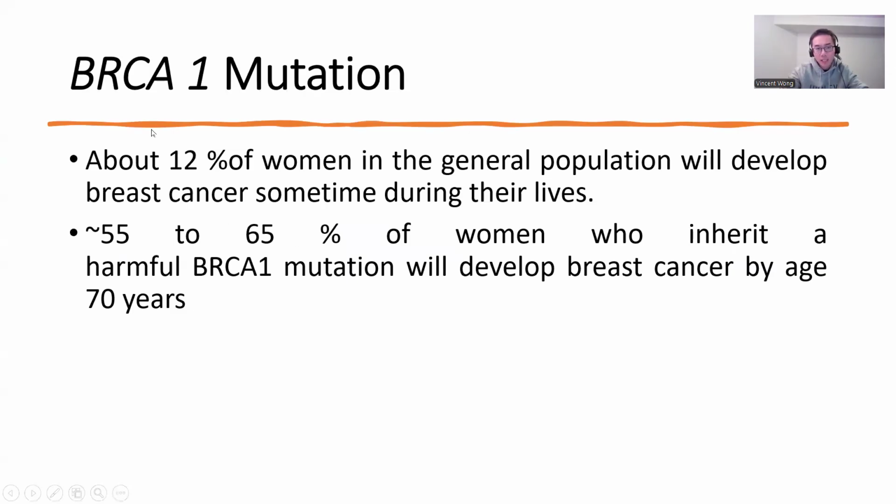It's relatively low for people who don't have one mutated copy because it takes two hits in the same cell for the cell to become uncontrolled. However, these individuals are born with one mistake in every single cell already. So any additional mutation is now going to cause the cancer. Any question about this?